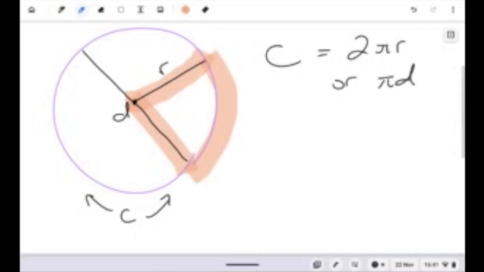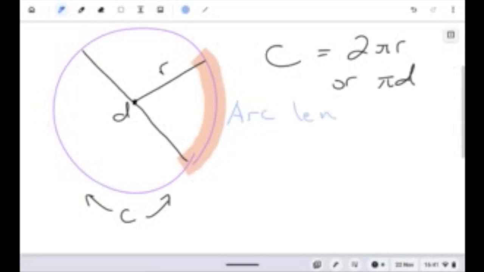You're going to have the entire pizza. When you cut it up into portions, you have these little slices happening. And this particular length on the outside from one end of the slice to the other, this is what we call our arc length. It's the length of what we call an arc, just a portional outside bit of my circle.